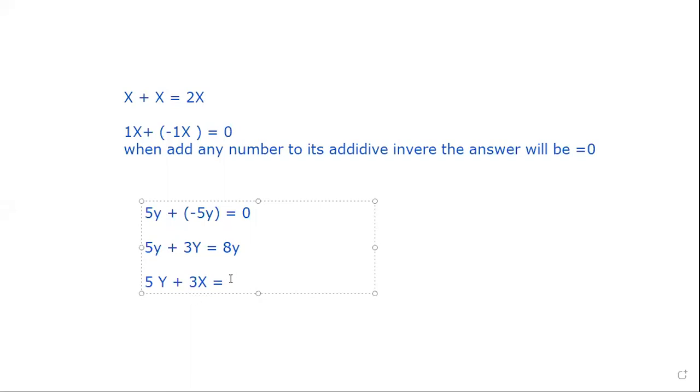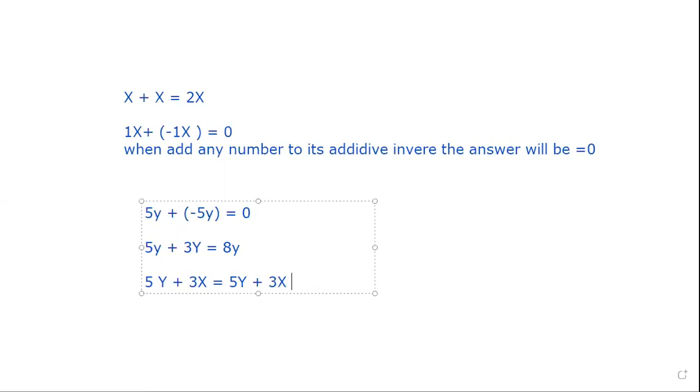Okay, thank you, Reem Gouda and Ahmad Rashwan. What is the answer for this one? 5y plus 3x. She said the answer, but please repeat again. Cannot be added. Yes, because y and x are different variables, so we cannot add them together. Then the answer will stay the same, 5y plus 3x.